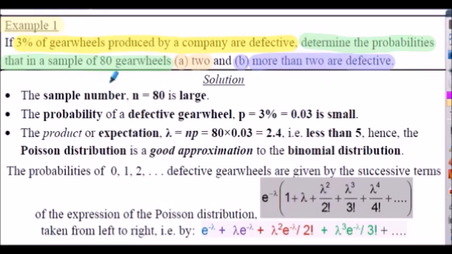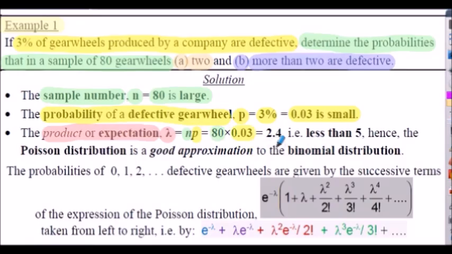So extracting the information from the question, the sample number, lowercase n, is 80, which is greater than the value of 10, considered large for a binomial distribution, and the probability of a defective gear wheel, symbol p, is 3%, 0.03, which is small. So the product or expectation, lambda, is n multiplied by p, and that calculates to be 2.4, which is less than 5.